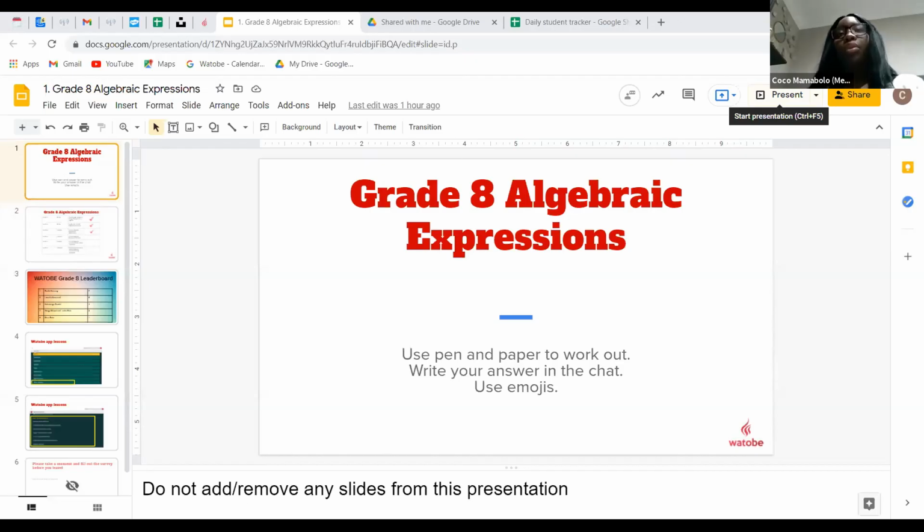Okay, guys, so we're going to go through some of the stuff that we've gone through today and some of the homework that you guys will have to do on the app as well. So I'm just going to share my screen quickly. Okay, so this is what we're doing.